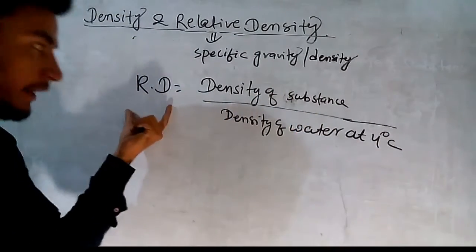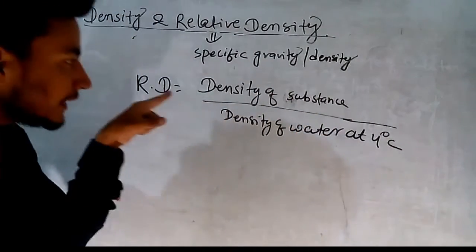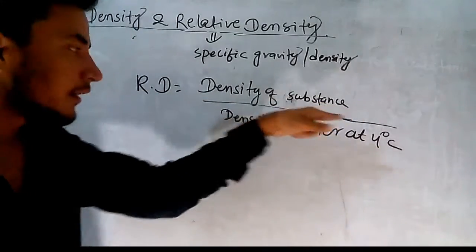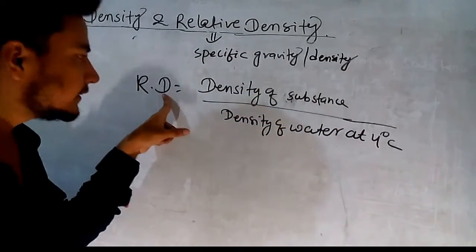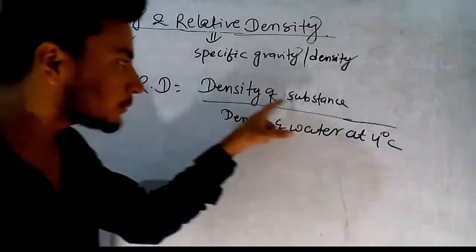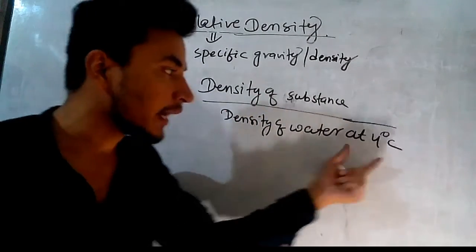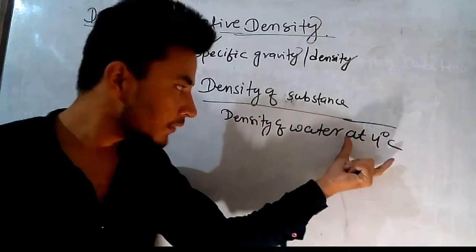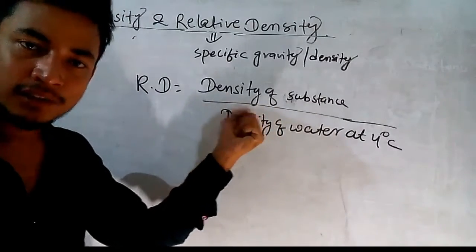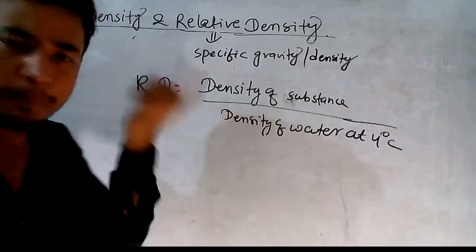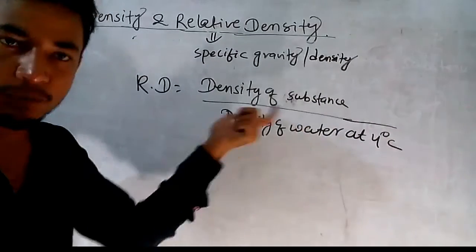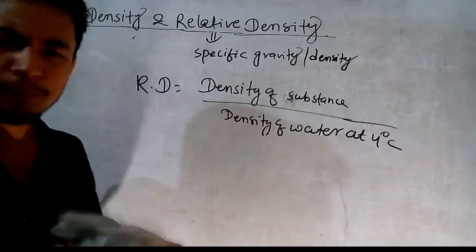If you know the formula, you can simply define it: relative density is the ratio of the density of a substance to the density of water at 4 degrees Celsius. If you learn this formula once, you can make the definition easily.